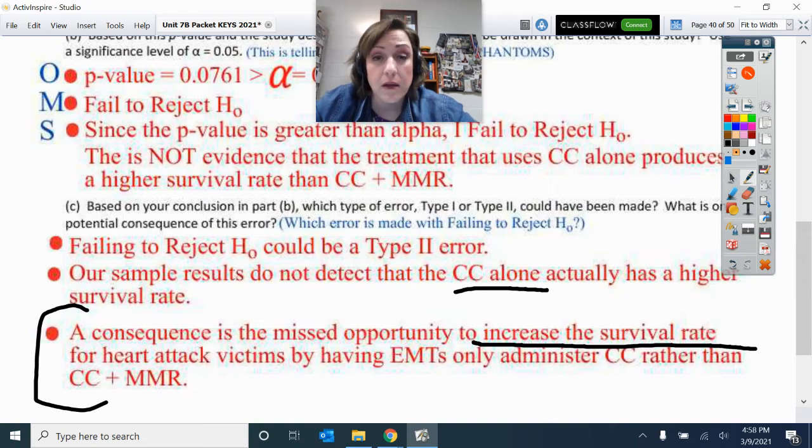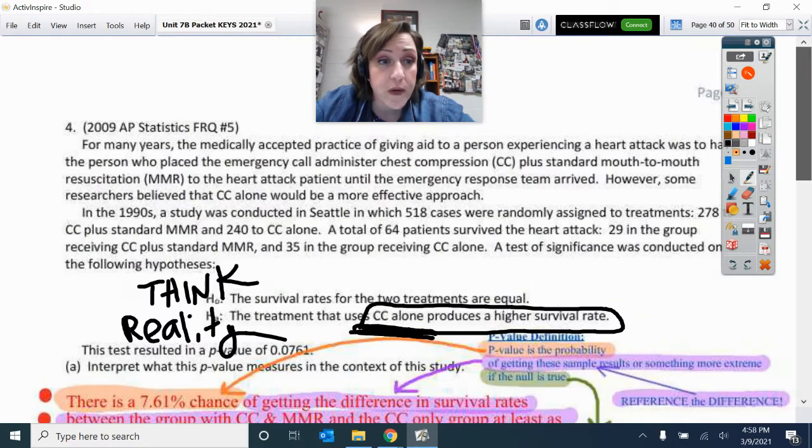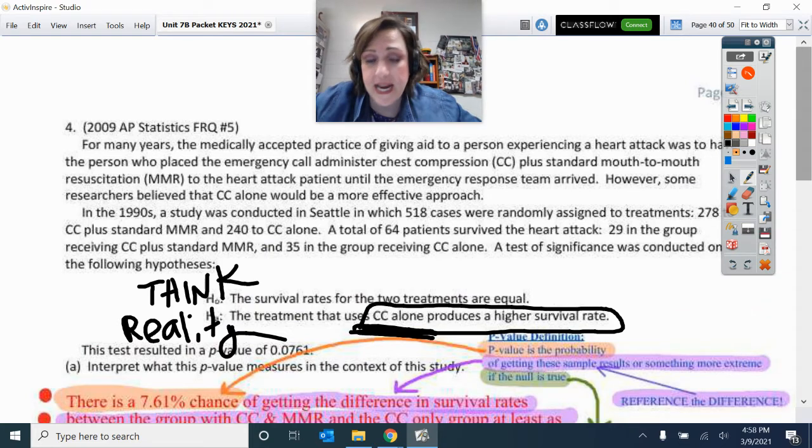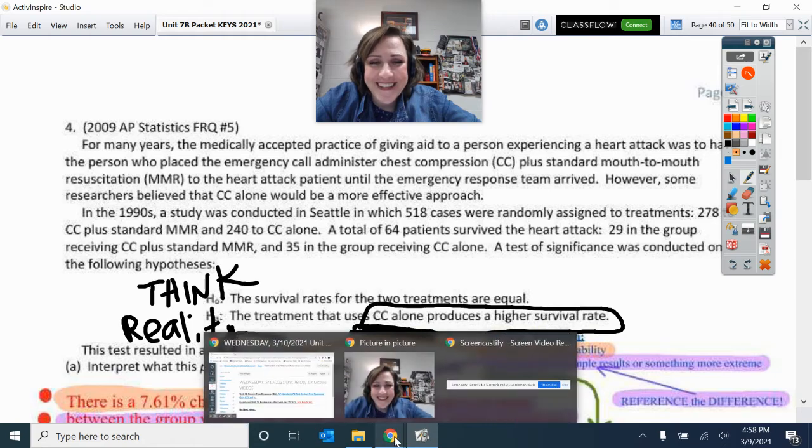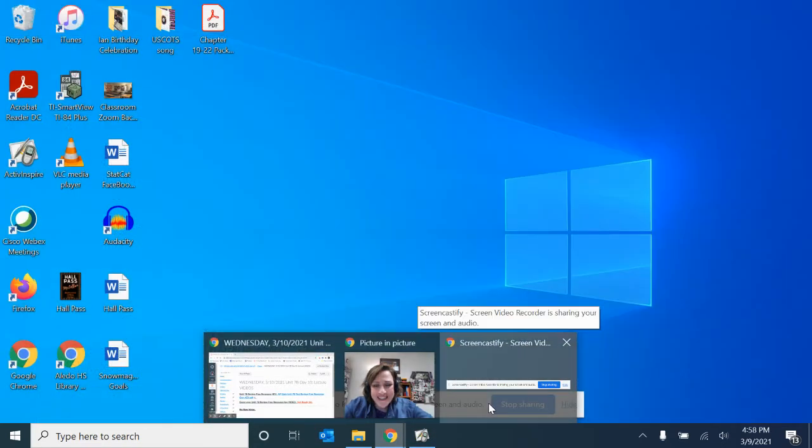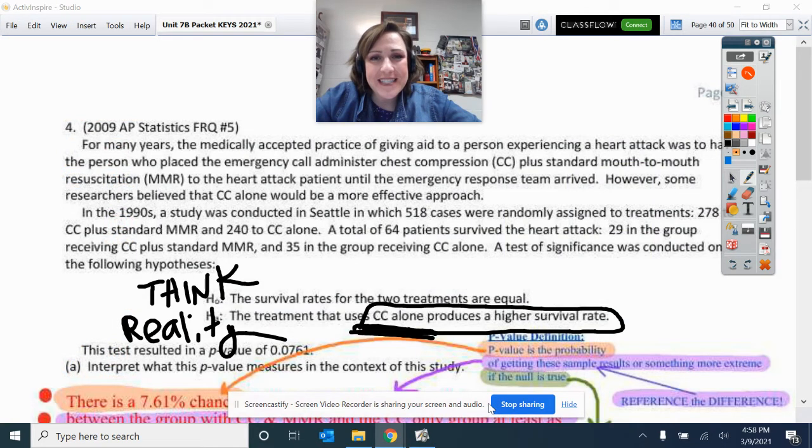Okay, lots and lots of stuff on these free response questions, and every single one of them is an actual free response problem to the depth that you are expected to understand these concepts. I hope that these help you understand the depth that I need you to understand errors and proportion hypothesis tests.